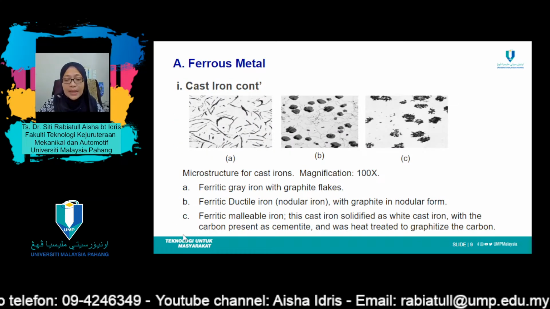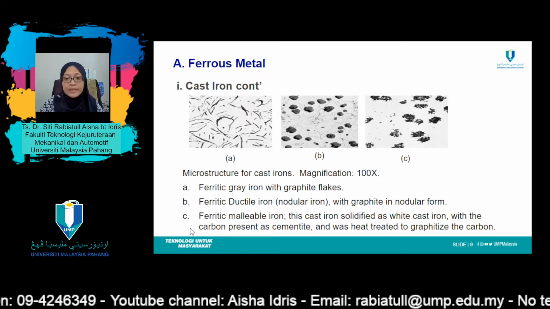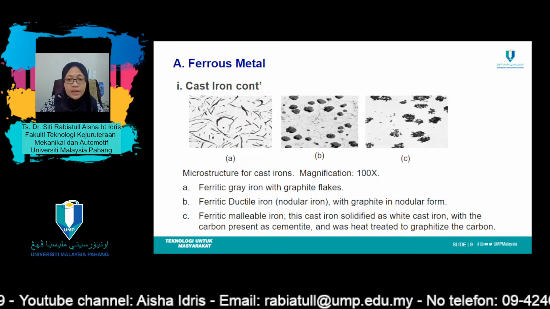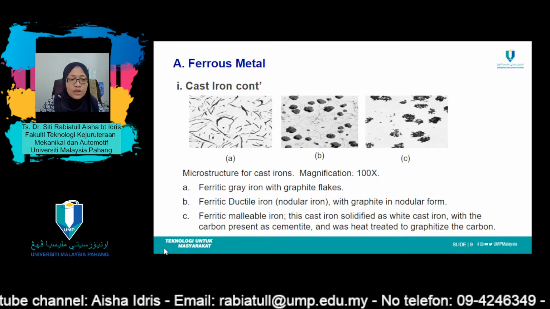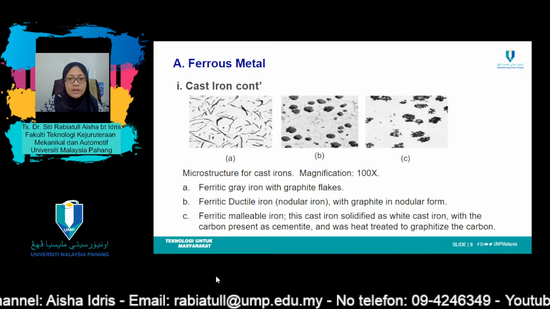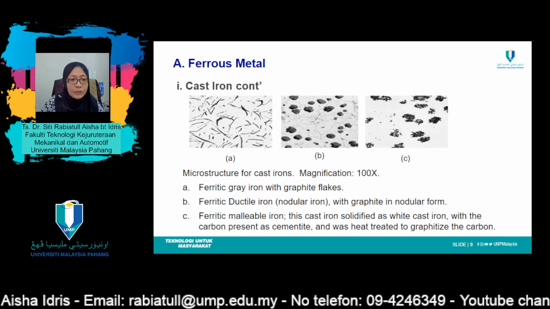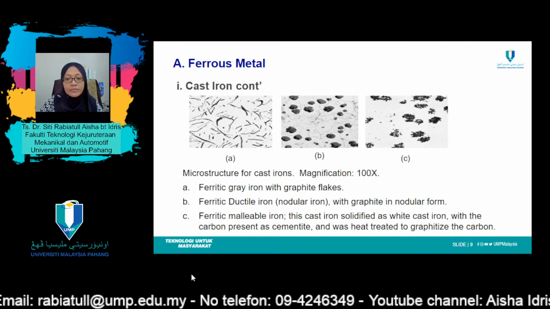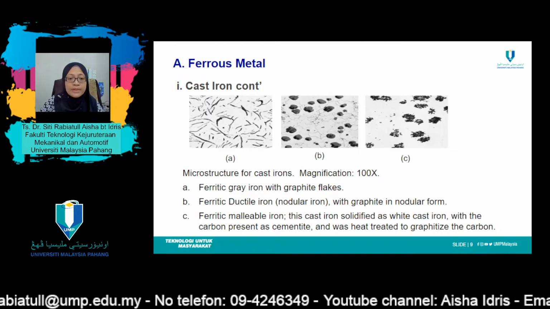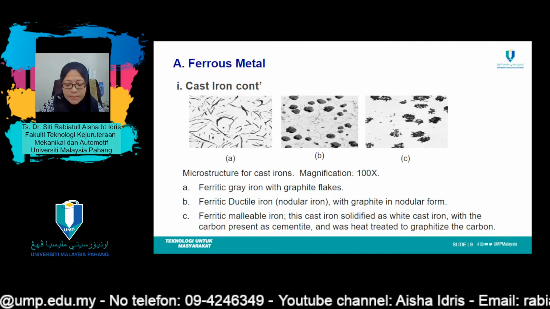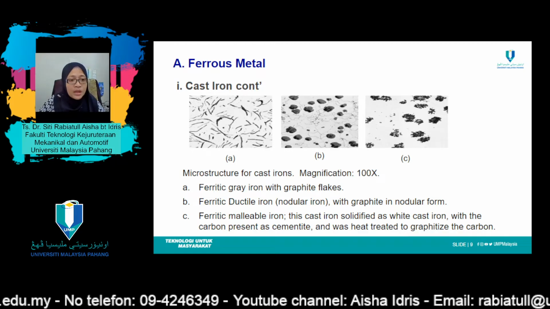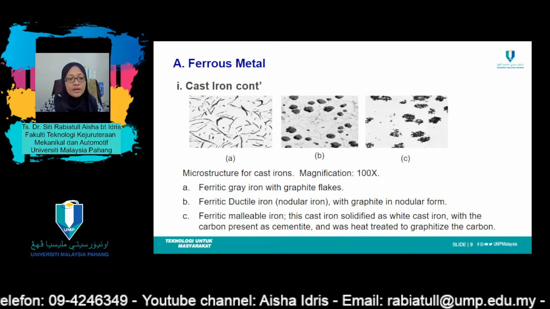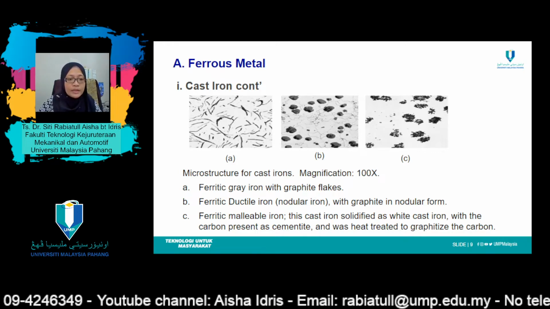The list can be seen from figures A, B, C together with the microstructure for these types of cast iron. For grey cast iron, the carbon and silicon contents vary from approximately 2 to 4 weight% of carbon, and 1 to 3 weight% of silicon respectively.